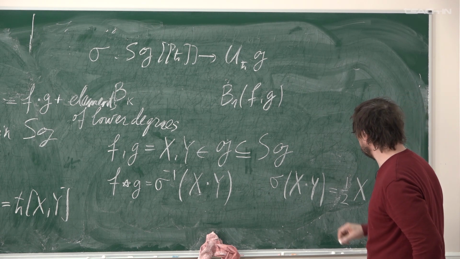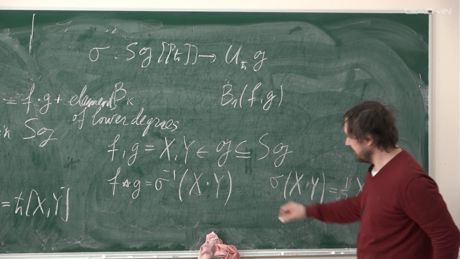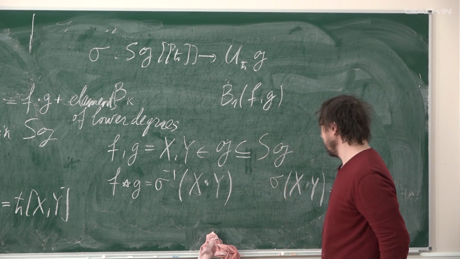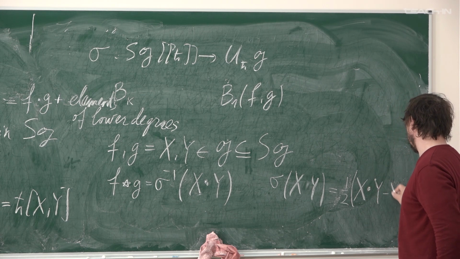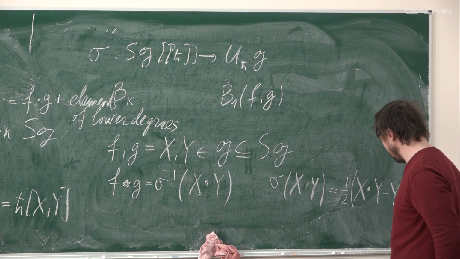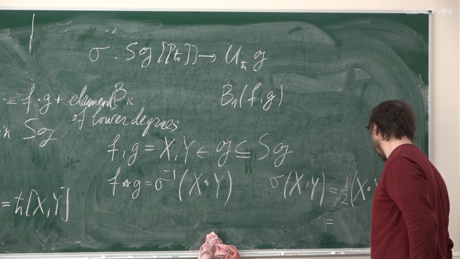Probably better to omit the dot here and use the dot just to designate the product in the universal enveloping algebra, right? So here we'll have x dot y minus y dot x. So this is equal to what?